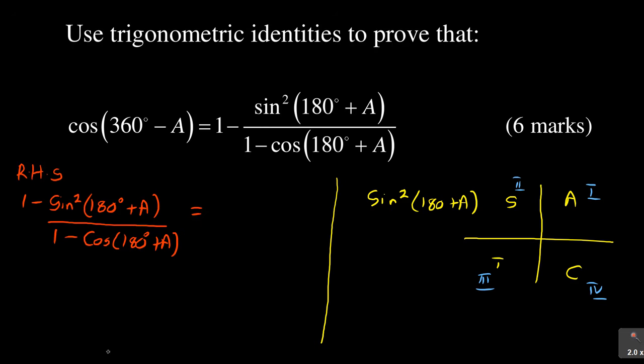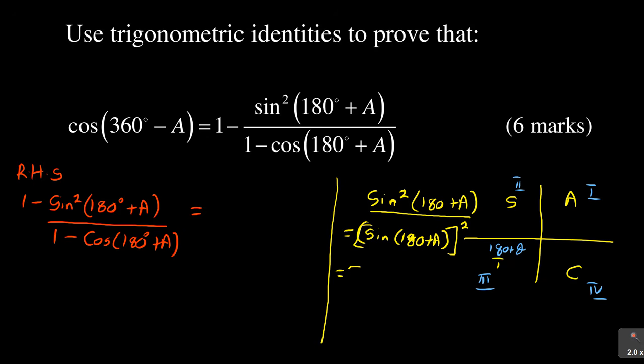In my first part, I'm given sine squared of (180 plus A), which can also be written as sin(180 plus A) in a bigger bracket, all squared. Now 180 plus A is in the third quadrant, where only tan is positive, which means sin is negative.